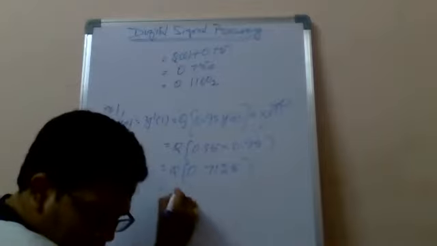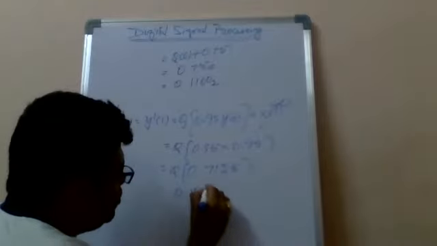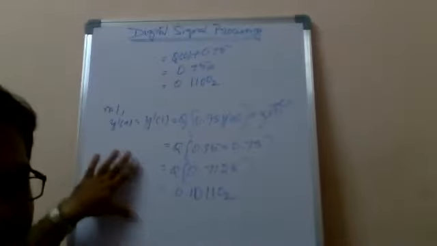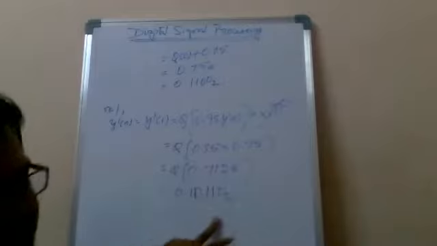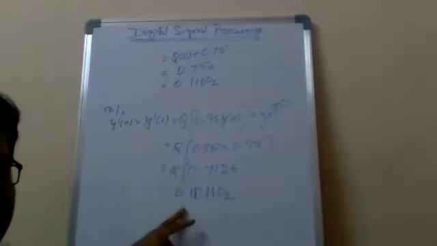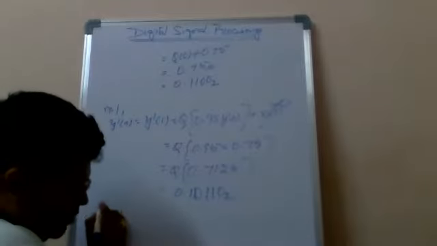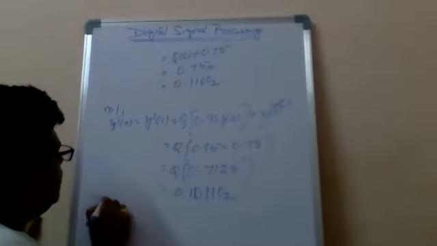So what you will get is 0.10110 to the base 2. Right? Converting into binary and quantizing it to 5 bits. Okay. So this is the result that we have obtained. Now the next case. Now round it off to 4 bits.